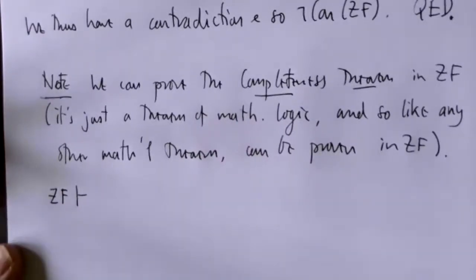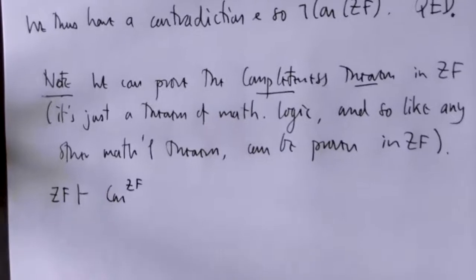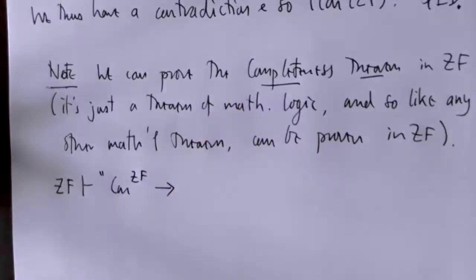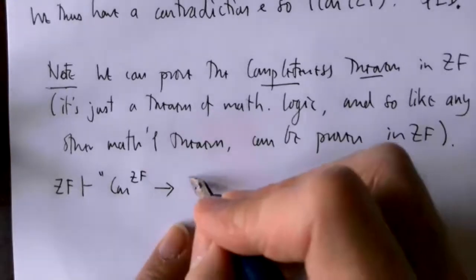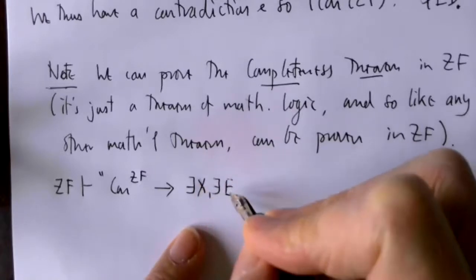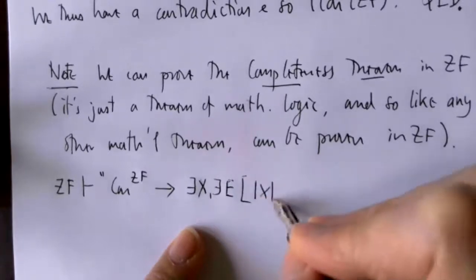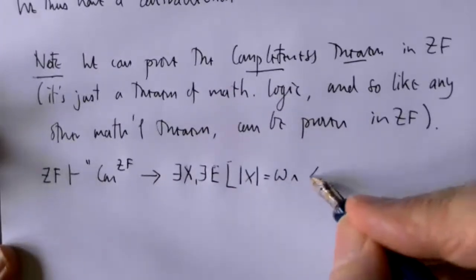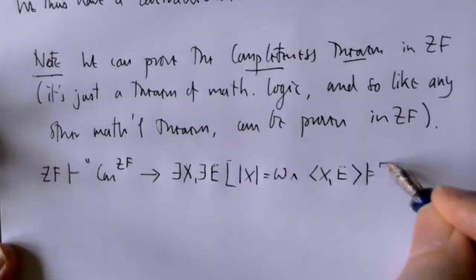We'd have a proof in ZF that if ZF was a consistent theory in the way I was outlining above, then the Gödel completeness theorem applied to this consistent theory would say there is an X and there is an E. And indeed, in the Gödel completeness theorem, you can actually take the model to be countable, so it's got size omega, and (X, E) is a model of these axioms ZF.